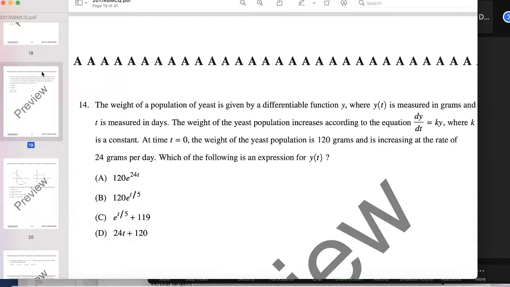So what we were thinking is that the way it says it, k is a constant. So if the derivative is a constant, then it shouldn't be an exponential slope, which was kind of confusing for the ones that had e to the t power, because that'd be exponential. And we wouldn't have exponential if the derivative is like a constant.